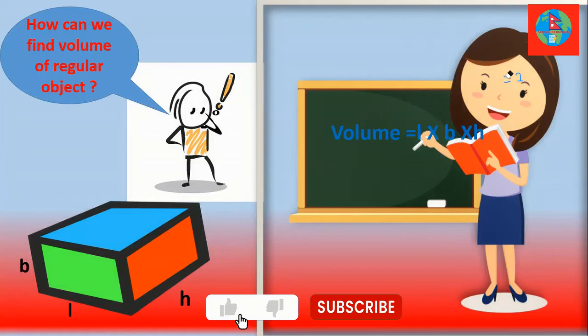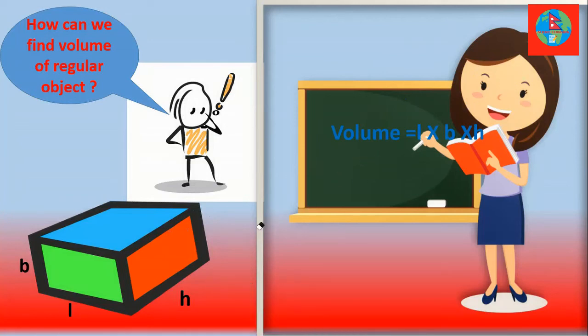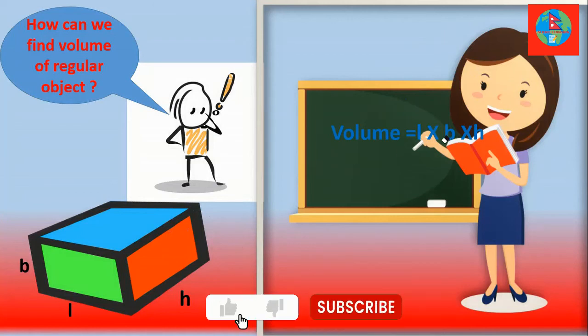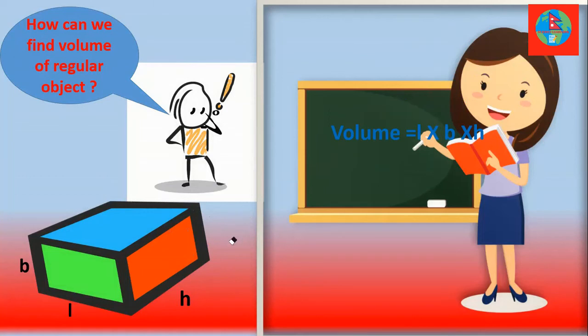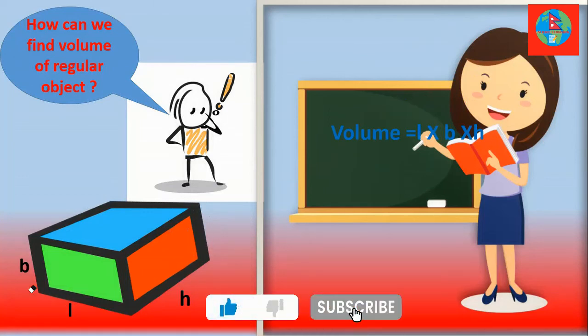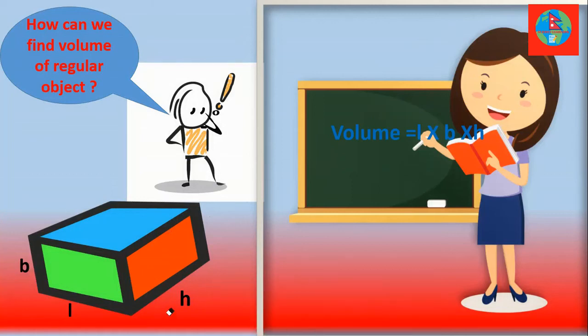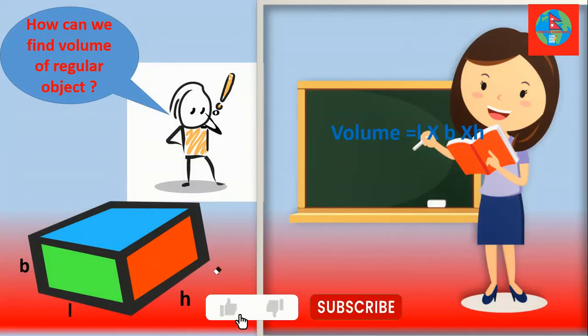Okay, my dear students, we find the volume of regular objects by using this formula. Volume V is equal to L into B into H. By using the formula, we can easily find out the volume. Here is length, here is breadth, and here is height.